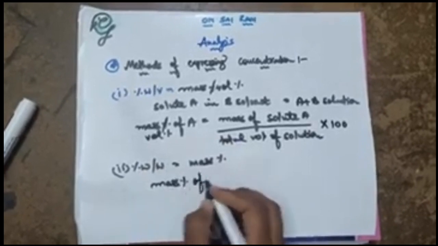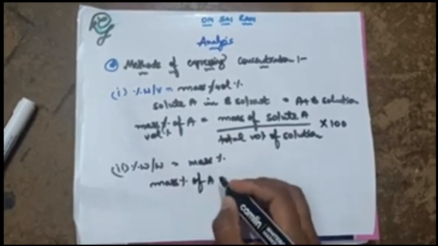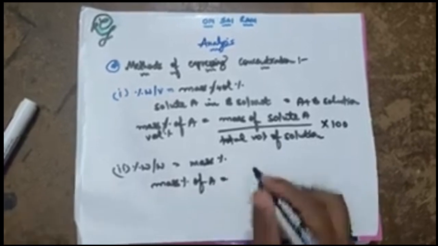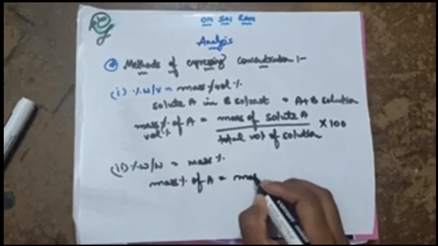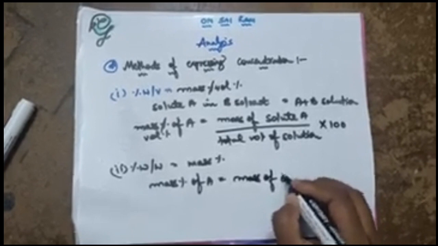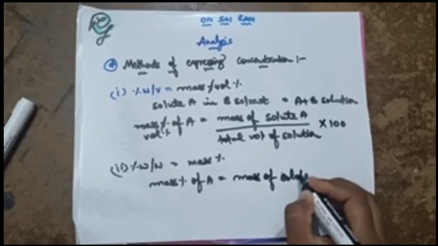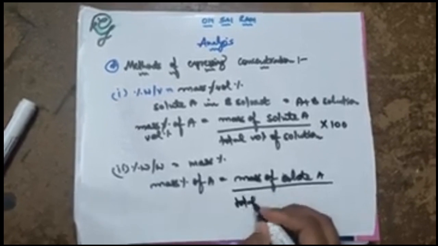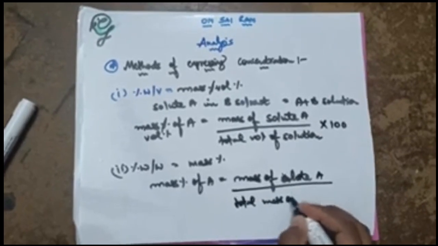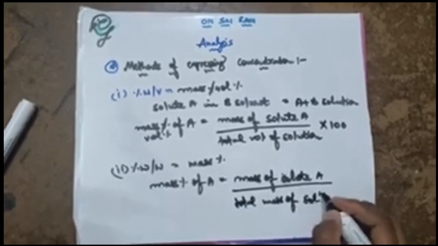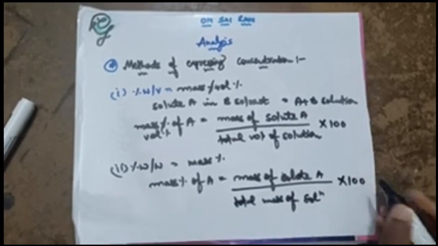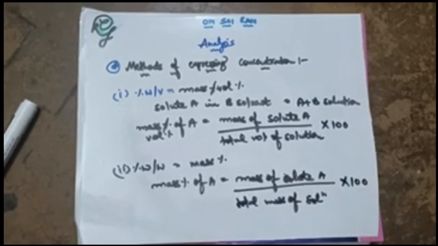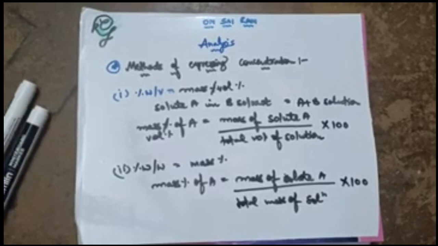The mass percentage of A is mass of solute A by total mass of the solution into 100. So this gives you your percentage weight by weight.